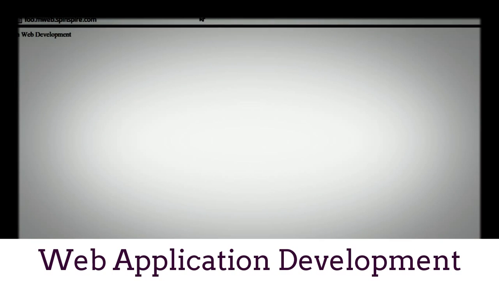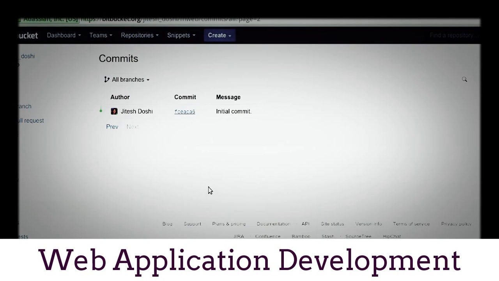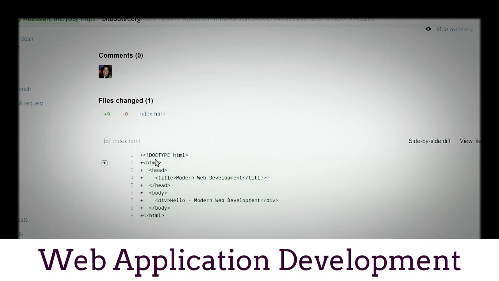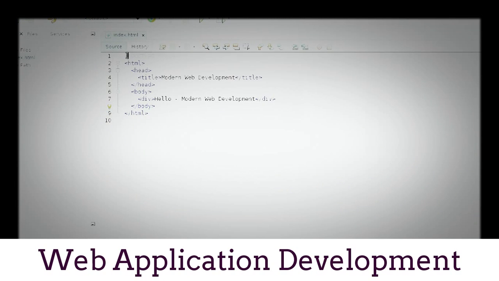Now let's take a look at this repository. Look at the initial commit. The link to the repository will be again in that document, mweb.spinspire.com, but let's look at the commit. The commit has all the stuff that we have put in this index.html.